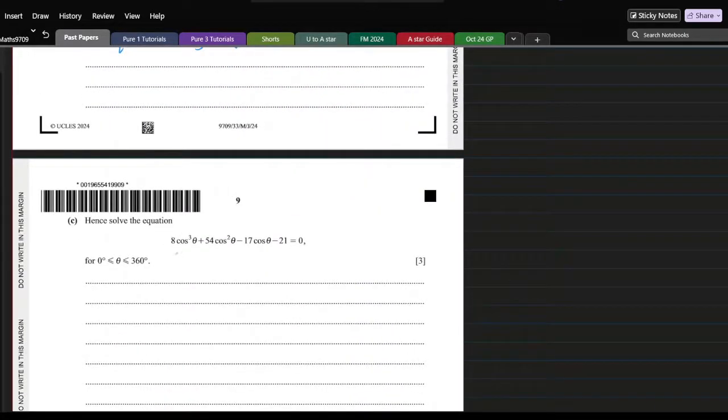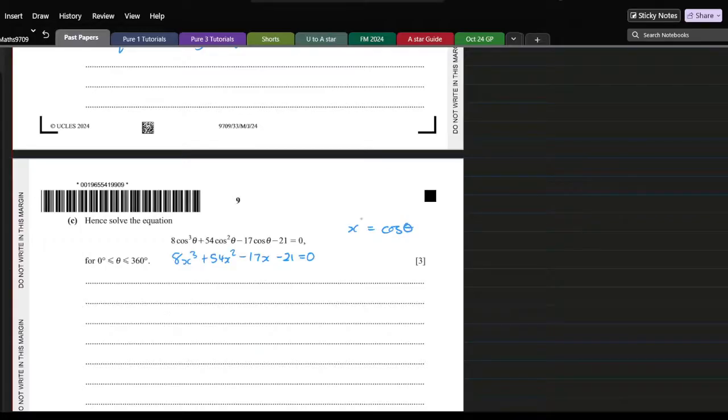So our original function f of x is 8x cubed plus 54x squared minus 17x minus 21 is equal to 0. Notice that the only change that they have made is to replace x with cos theta.